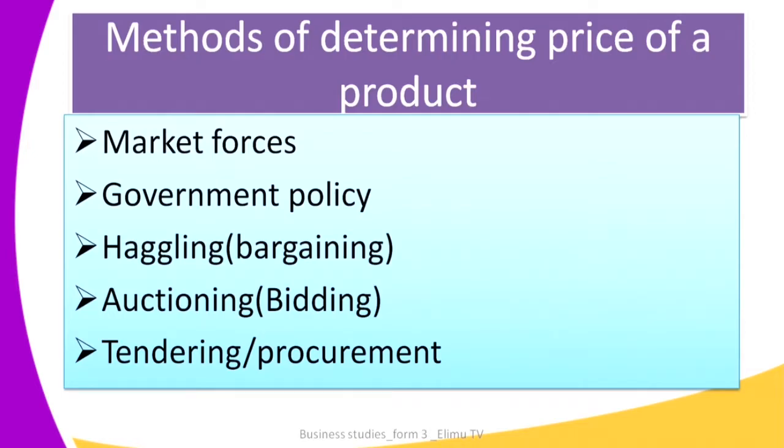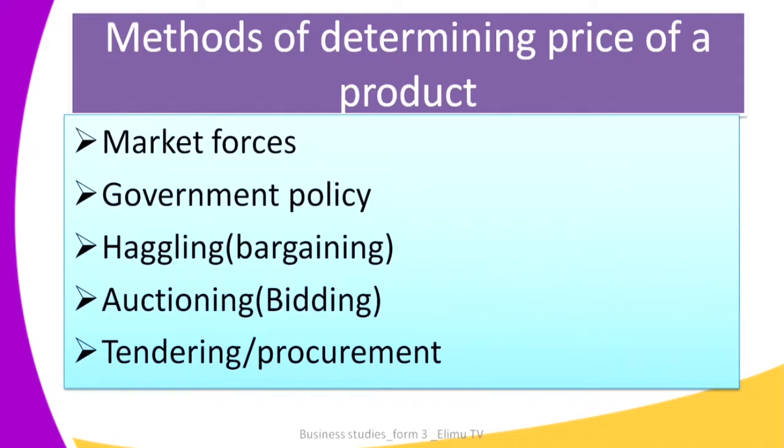On the other hand, the buyer negotiates with the seller until they arrive at a final amount. The other one is auctioning, which we call bidding. And the last one is tendering or procurement. Let's now look at each method we have just mentioned.